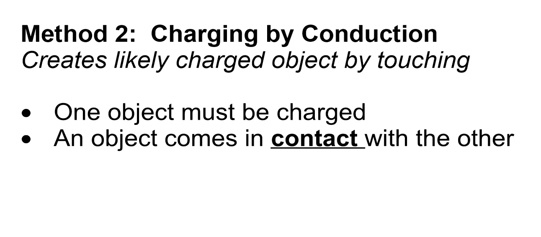In order for this to happen, some basic things have to be there. First off, one object has to be charged. You can't touch 2 neutral objects together and expect charge to be transferred. There has to be one object that is charged. And the difference between contact and charging by friction is there is no rubbing. It's literally just touching. And so when I say in contact, there is no rubbing going on.